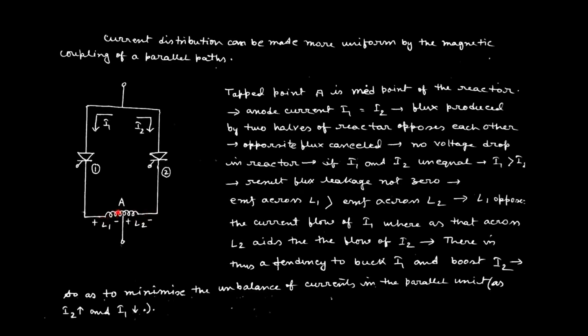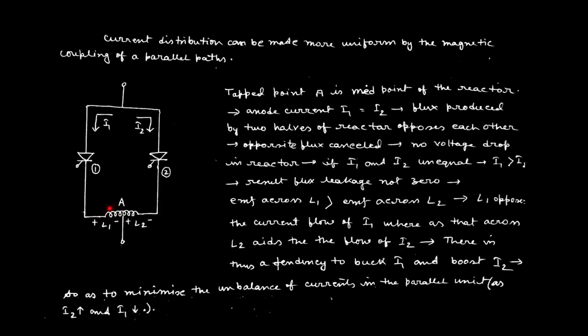That is why it can oppose this I1, and as the inductive effect of L2 is less than that of L1, it permits or passes this current I2.